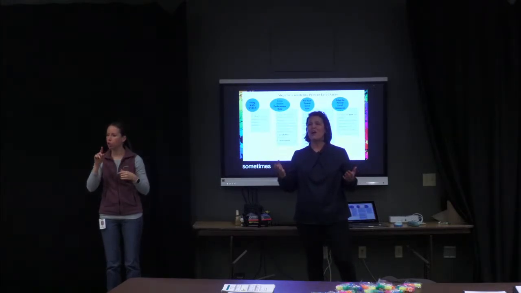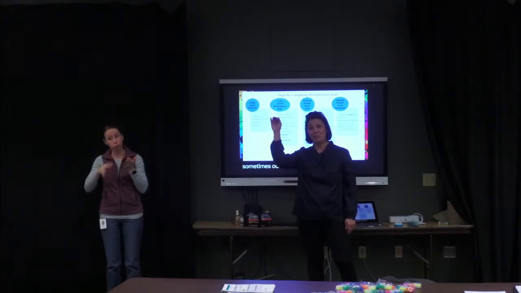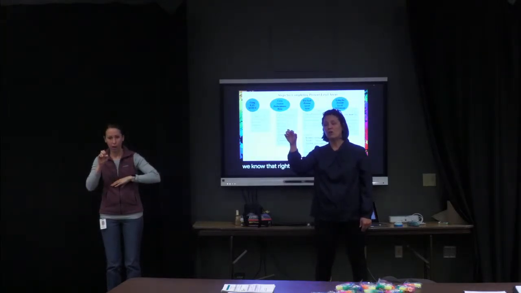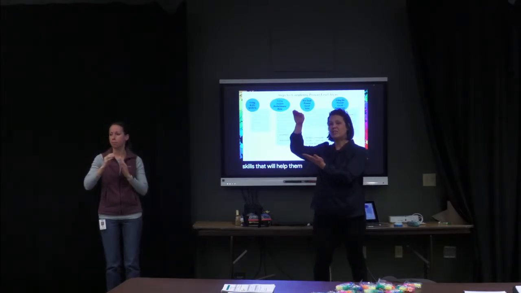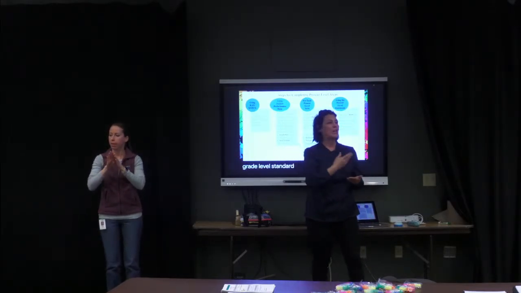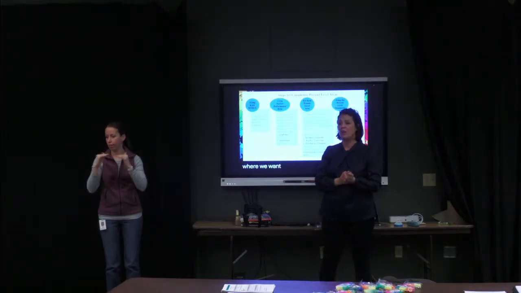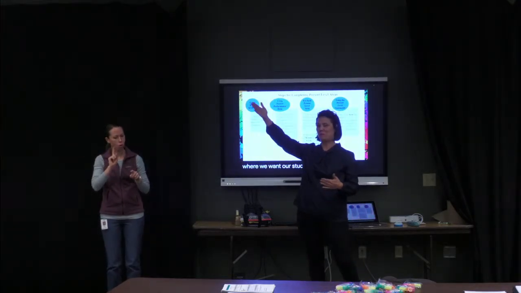Now, sometimes our students are not at grade level. We know that, right? So start looking at those sub-skills that will help them eventually get to the grade level standard. But we have to understand where we want our students to go, and that is to those grade level standards.